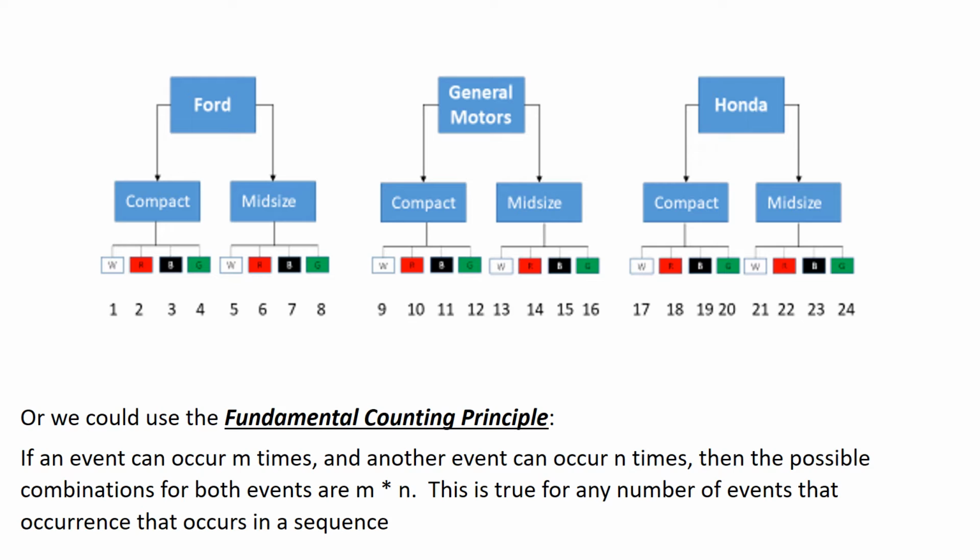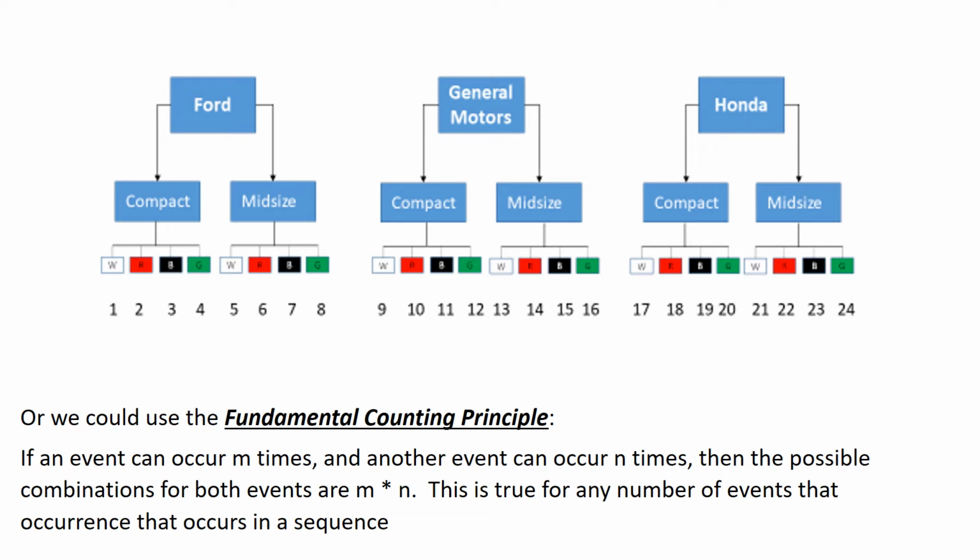I could develop tree diagrams. I could start with the make, which is a Ford, and then the size of the car, compact or midsize, and then the 4 different colors for each compact, or the same 4 different colors for midsize. I do the same thing with General Motors for the make, and then compact or midsize, and then the colors falling under each. Or the Honda with the compact or midsize and the 4 colors for each component.